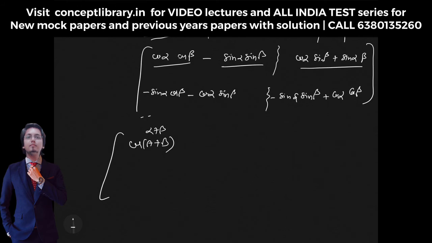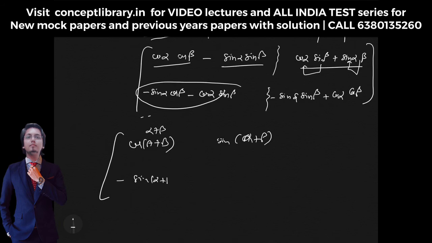Here you can see sin a cos b plus cos a sin b, so this is going to be sin(a plus b), meaning sin(alpha plus beta). Here, taking the minus sign common, it will be minus sin(alpha plus beta). And from here, cos a cos b minus sin a sin b, again cos(a plus b), right?